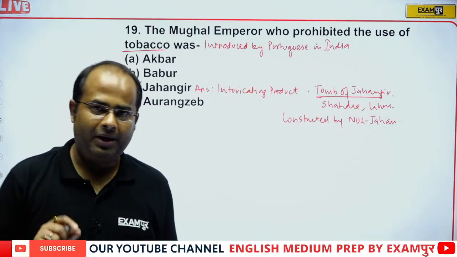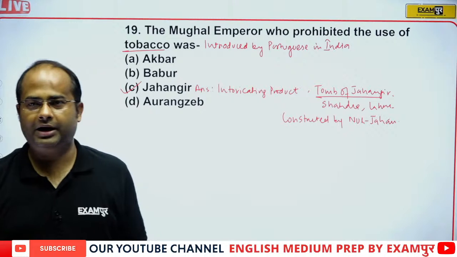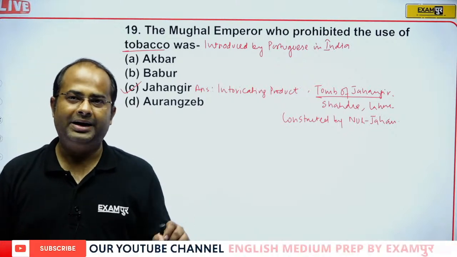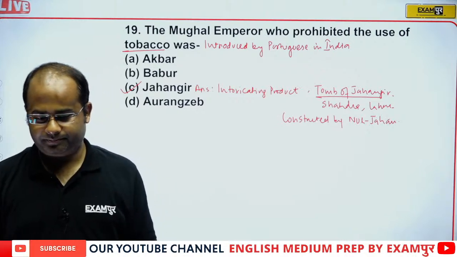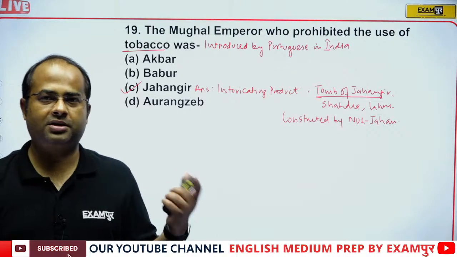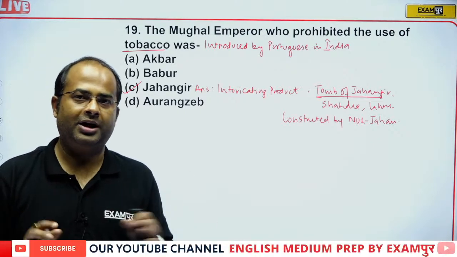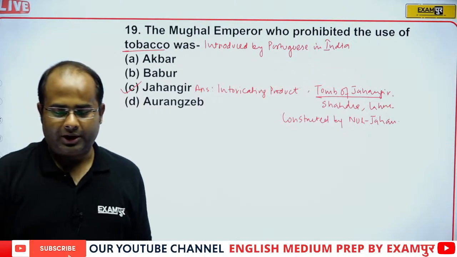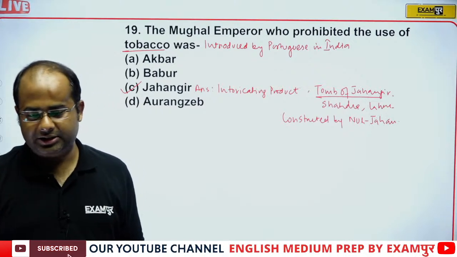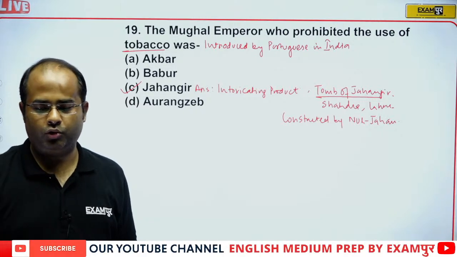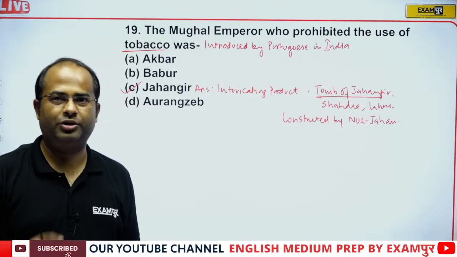And it is said that his stepmother Ruqayya Sultan made him addicted to opium. The first wife of Akbar was Ruqayya Sultan, she was his cousin. So the correct answer will be option C, Jahangir. He banned the use of tobacco in the Mughal court, although it was introduced by Portuguese in India.